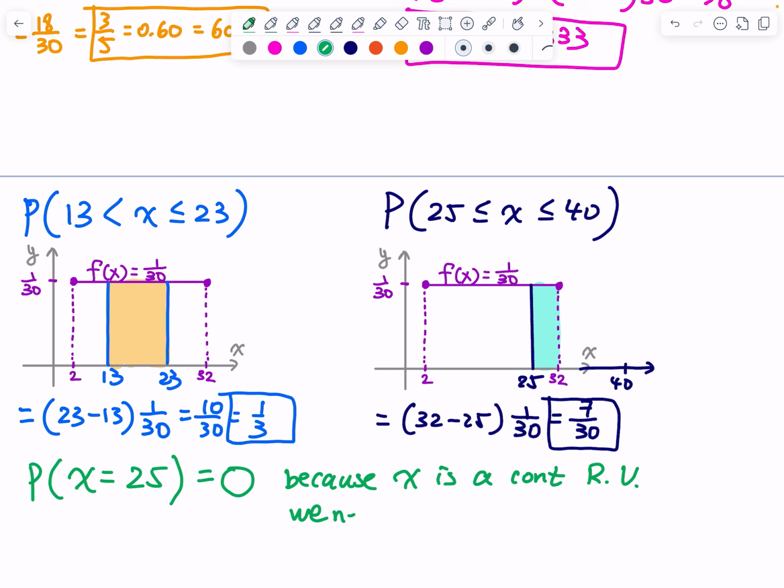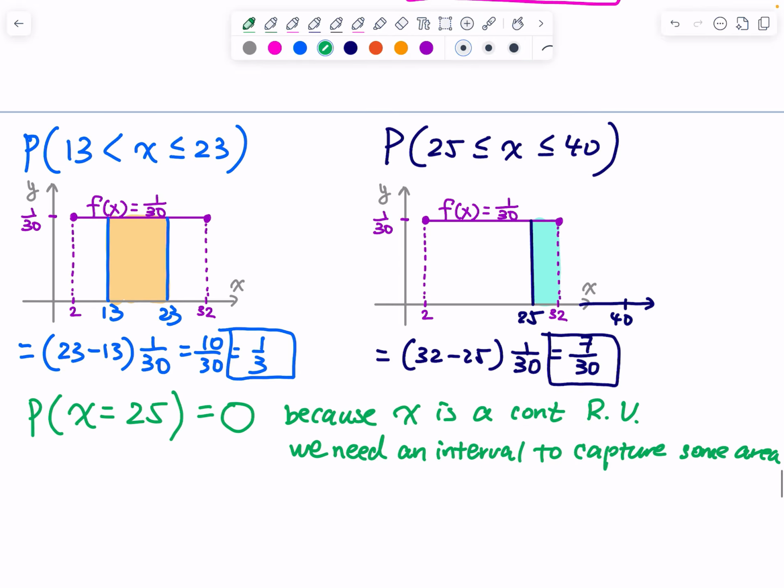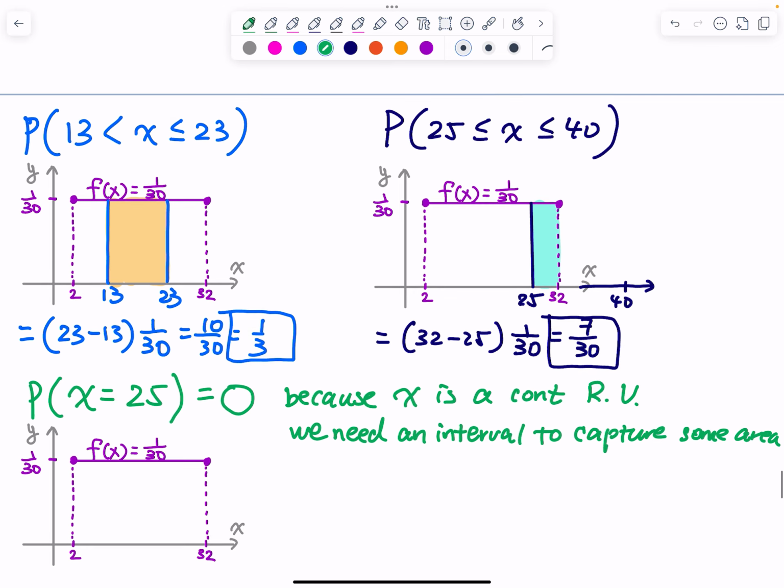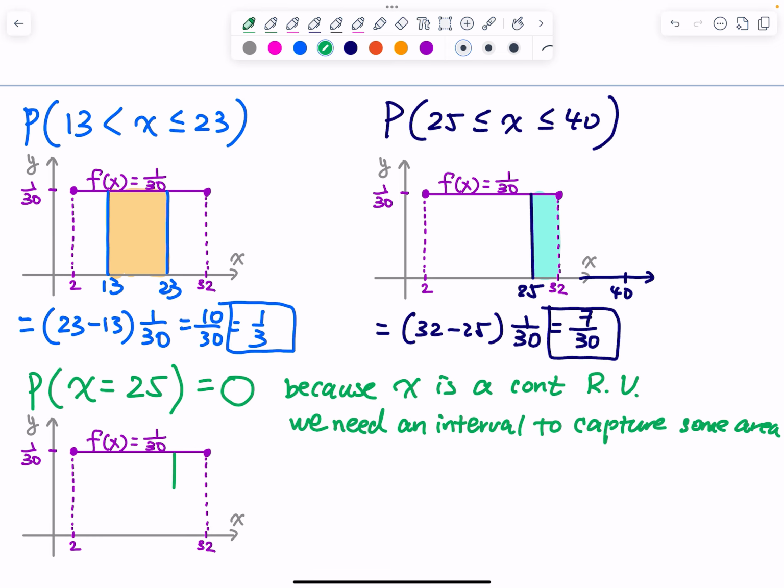We need an interval to capture some area. If you draw a graph, let's say this is 25, just one cut, no less than, no greater than, nothing. So you have a piece of cake, you do one slice without doing anything, you are not getting any cake. You just slice the cake, but you didn't pick anything.